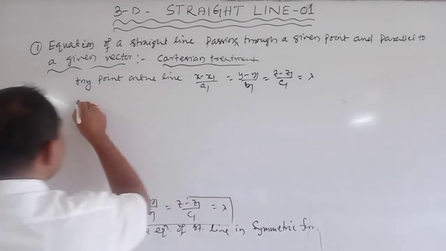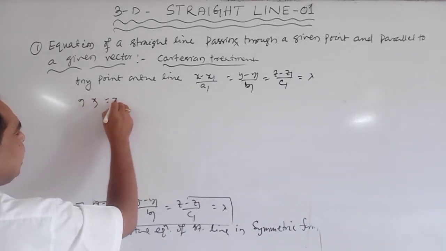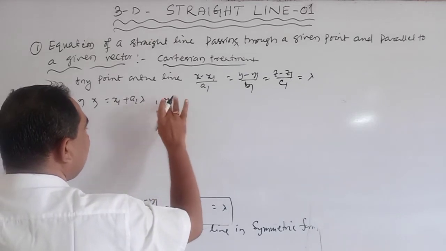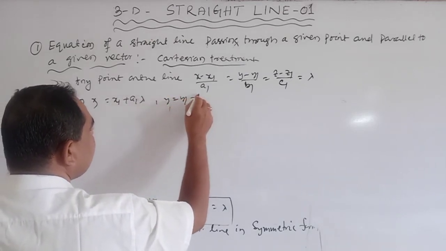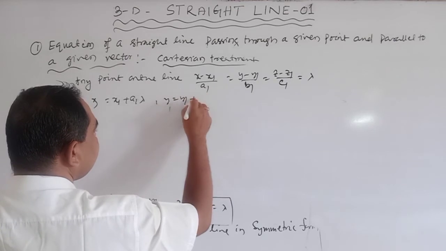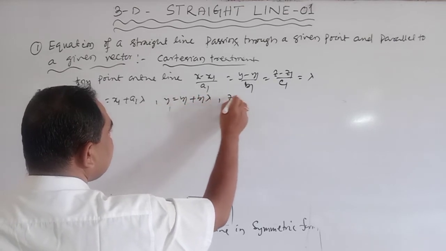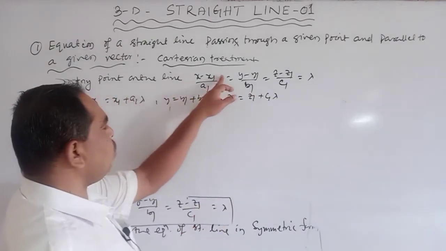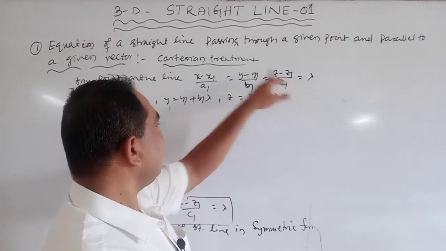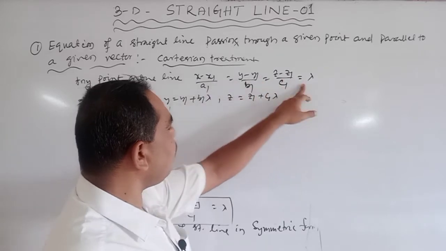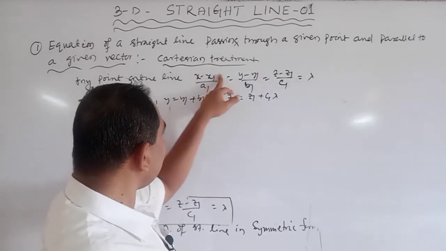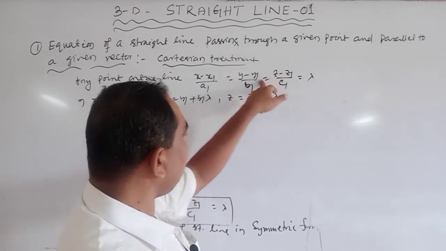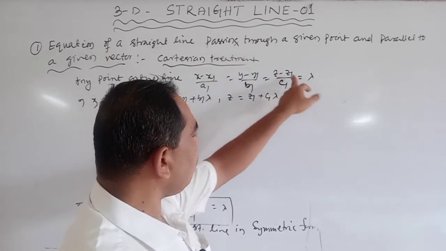So this implies x is equal to x1 plus a1 lambda, y is equal to y1 plus b1 lambda, and z is equal to z1 plus c1 lambda. Means x minus x1 by a1 is equal to lambda, therefore x minus x1 equals a1 lambda, therefore x is equal to x1 plus a1 lambda. Similarly y is equal to b1 lambda plus y1, z is equal to c1 lambda plus z1.